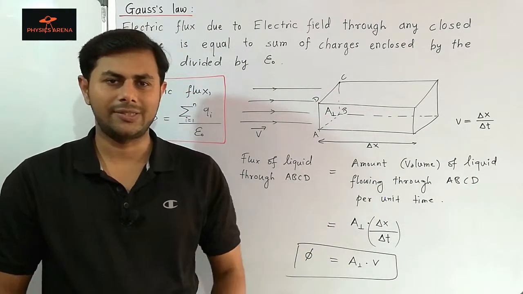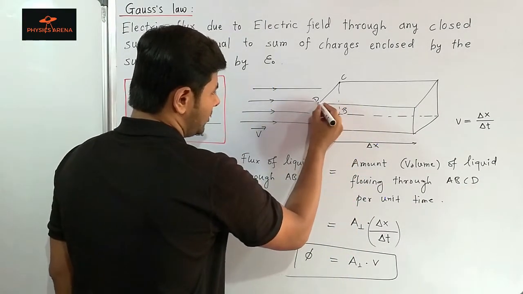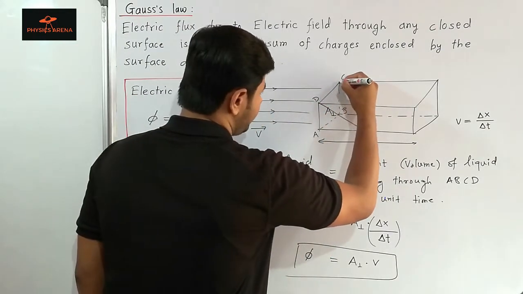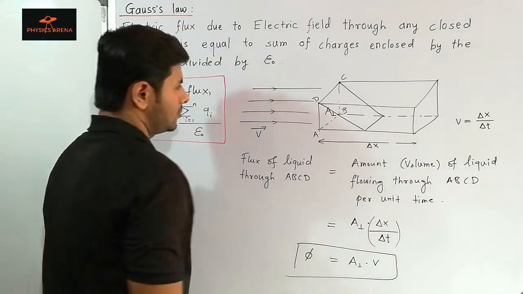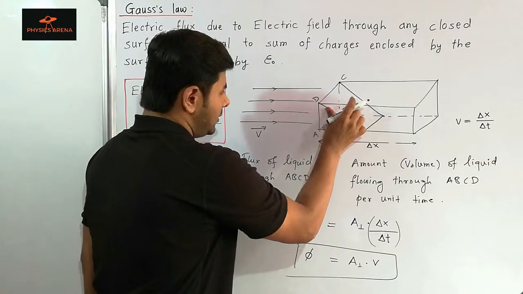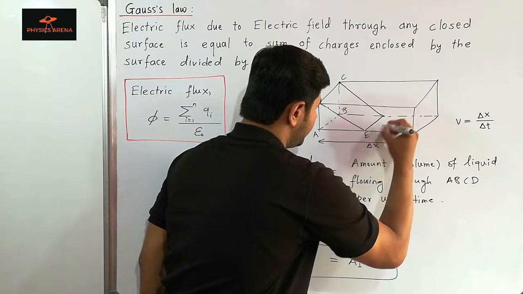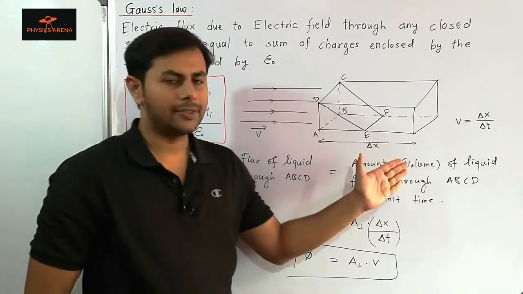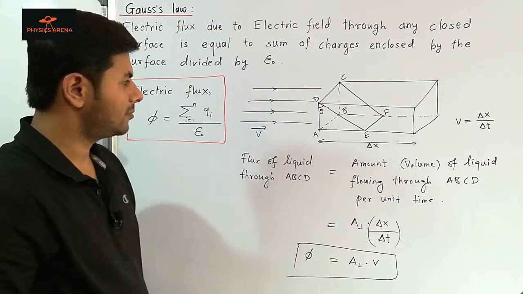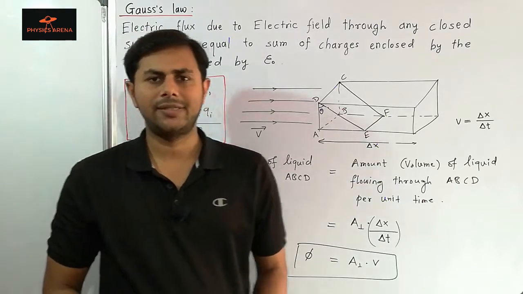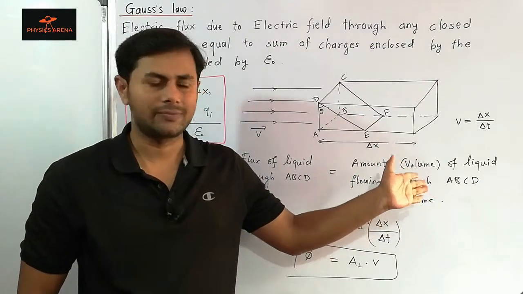Now let's imagine some other surface. For example, let's imagine a surface like this. Let's name it CDEF. It is inclined to the perpendicular surface at some angle theta. Now we are interested in finding out the flux of the fluid through this inclined surface.